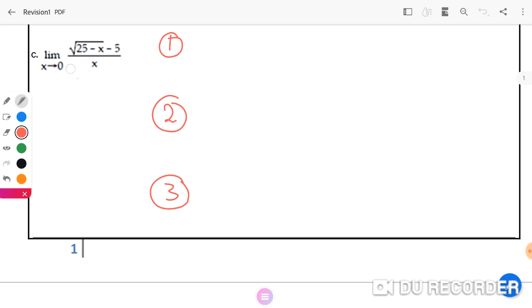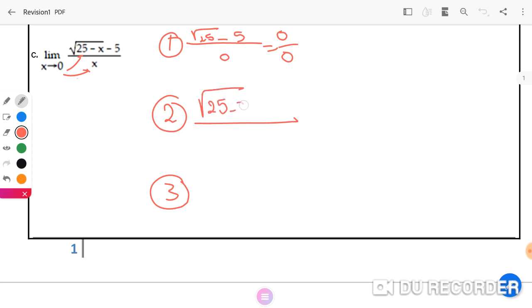Here, I replace in the numerator, replace in the denominator, it will be square root of 25 minus 0, it will be square root of 25, minus 5 over 0, it will be 0 over 0, undetermined value. So I need to redefine the function. But in this case, I will write the function as you see: square root of 25 minus x, minus 5, over x.